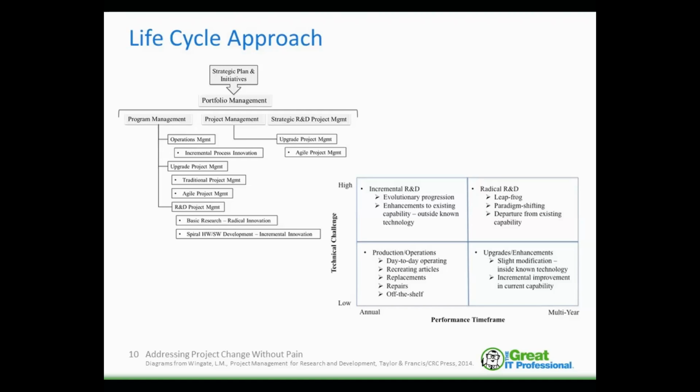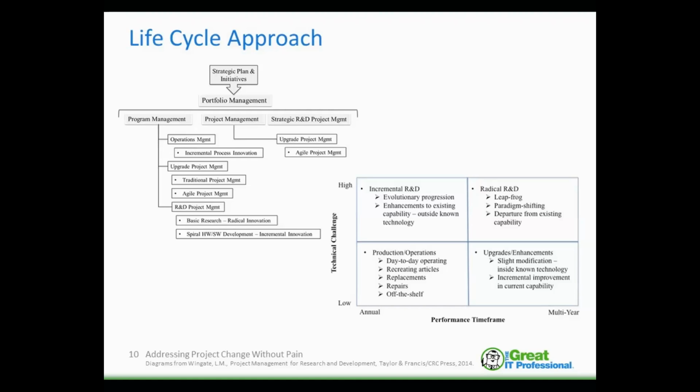The earlier in the life cycle phase that a project is in, the more change you're going to expect from that activity, and the more change should be accommodated. So you're not going to want the same level of rigor in an earlier project that you would as that project proceeds through its life cycle.